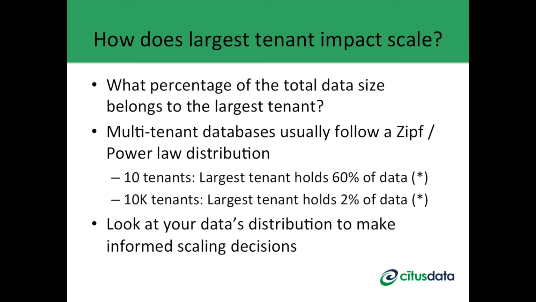We find that tenant data in multi-tenant databases usually follows a Zipf distribution. That is, you have popular tenants and then a long tail. When you have 10,000 tenants, this roughly means that your most popular tenant will have about 2% of the data. Of course, these are general guidelines, and the best way to tell is by looking at the data itself.